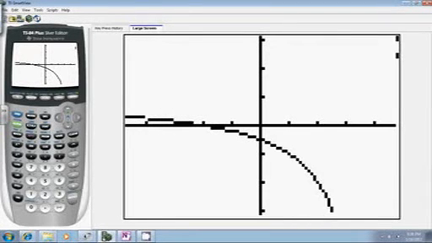I can look at my graph here and notice at negative 4, there's actually a hole in the graph. Now, if I had this in a standard window, I wouldn't be able to see that hole. And then when I come over here to positive 4, with this window, you really can't see much.